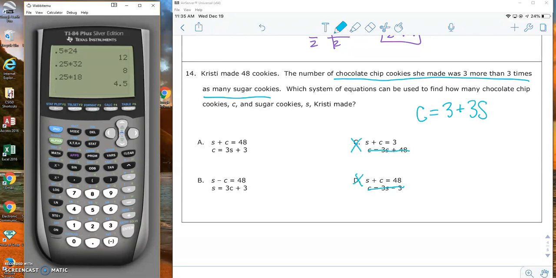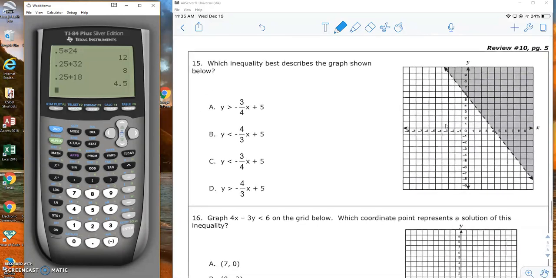This one has a minus. This one has it backwards. Oh, look. All I did was read one sentence, and I had the answer: A, just by knowing chocolate chip equals 3 more than 2 sugar. So there's more chocolate chips, so chocolate chip goes on the outside, and it's 3 more than 2s. Remember, the plus means they can be rearranged front or back.